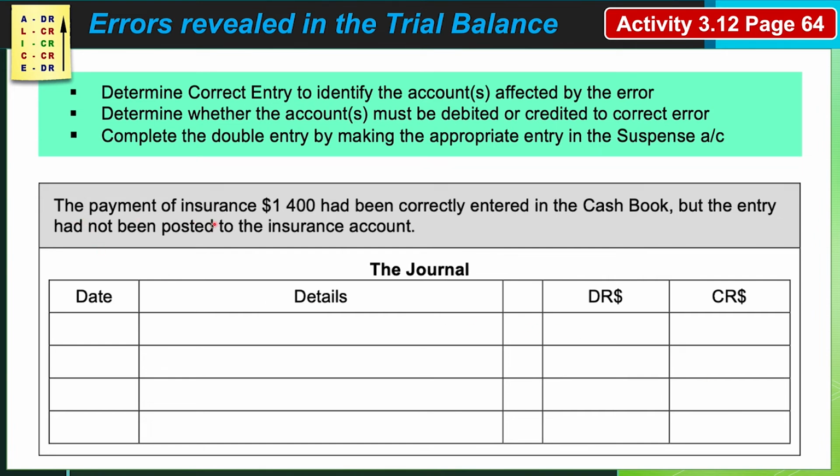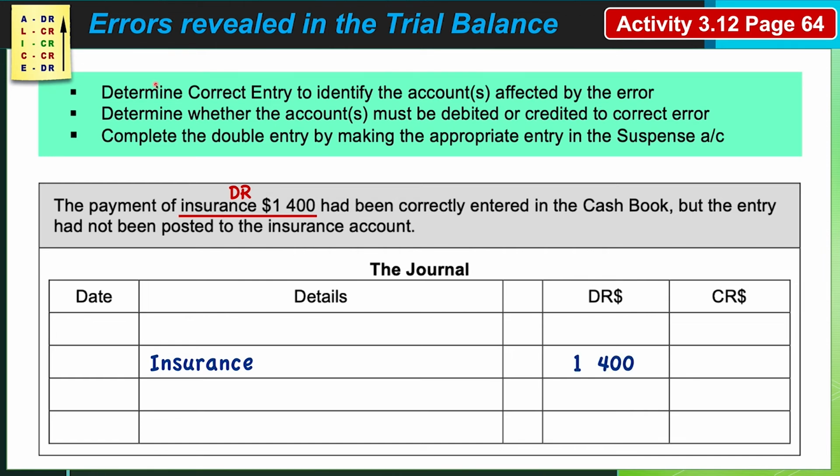Identify the account in which the error was made. We have payment of insurance entered in the cash book, again, but not posted to the insurance account. So the account involved here is insurance. What do you do with insurance? Insurance is an expense, payment of insurance, expense, debit. So we debit the insurance account, the $1,400.